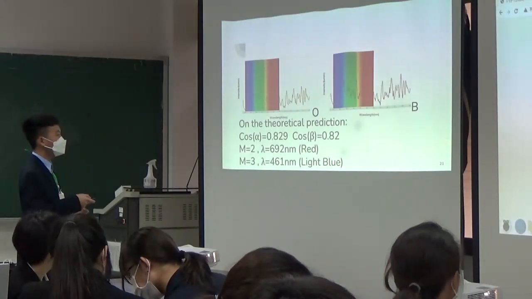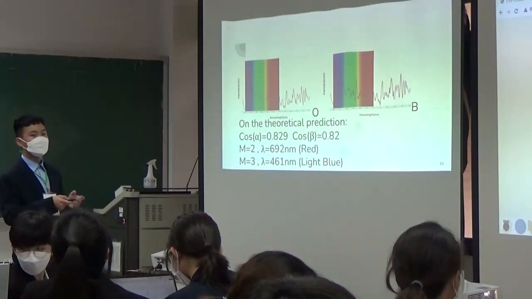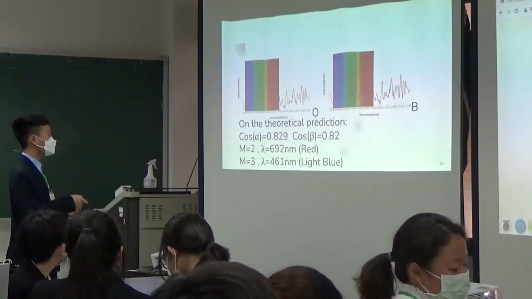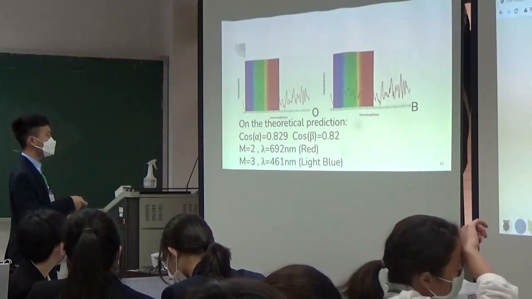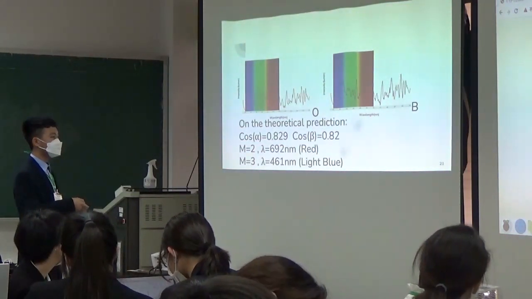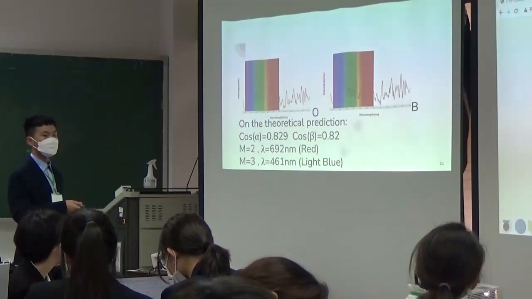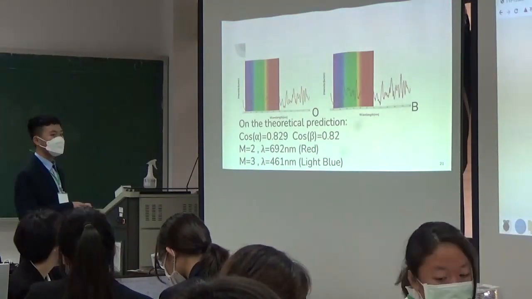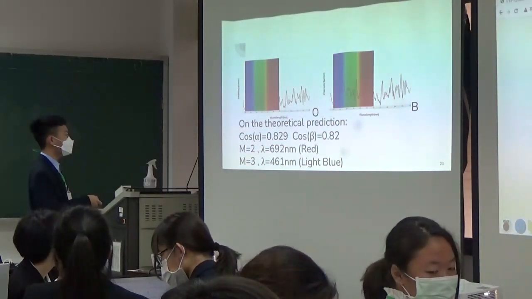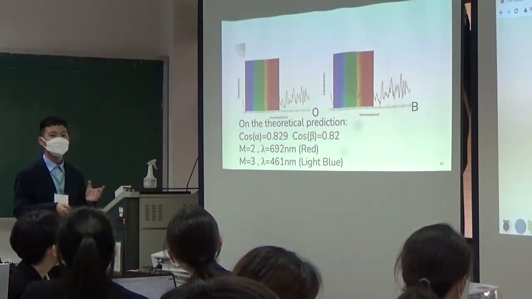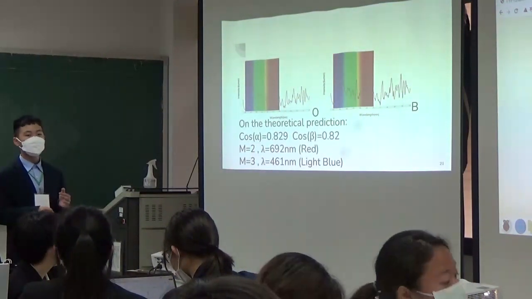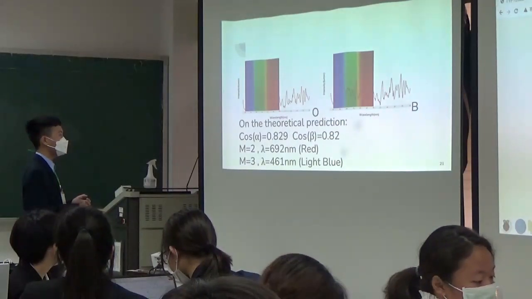The red peak indicates 680 to 690, and our theoretical prediction is 692, which is in the red region. The 461 nanometers is, in this case, light blue. We didn't consider when m equals 1 or 4 because it's not in the visible region, so it's not important enough to mention.